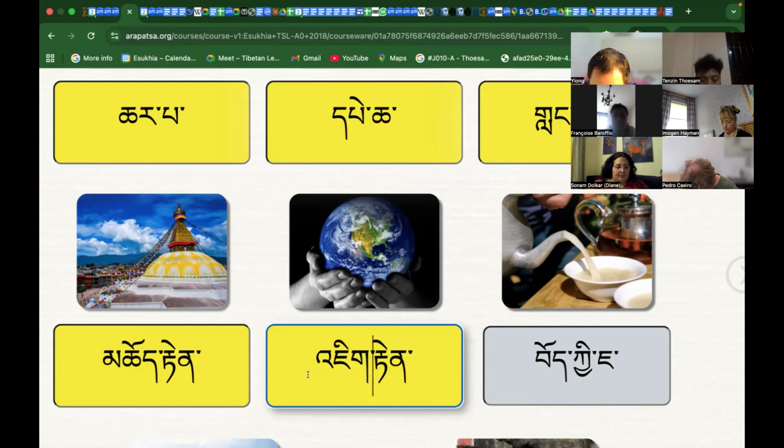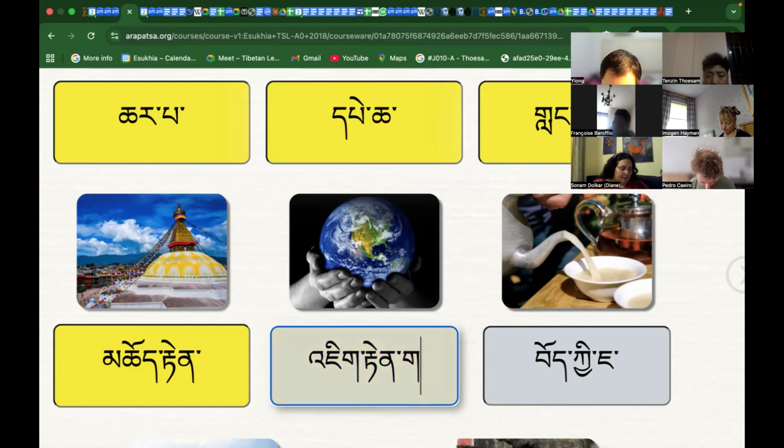Nowadays, all universe interdependence. Something like this. So, jikten, not only earth. Now here, na. If the suffix is na, then we have kayata kya kiku ki.